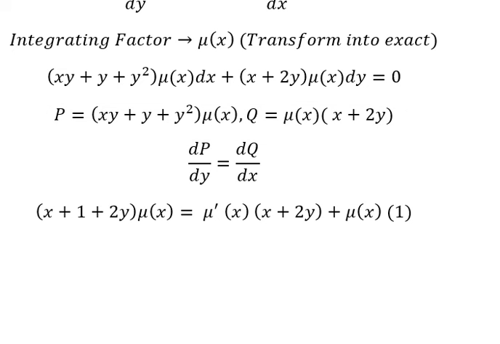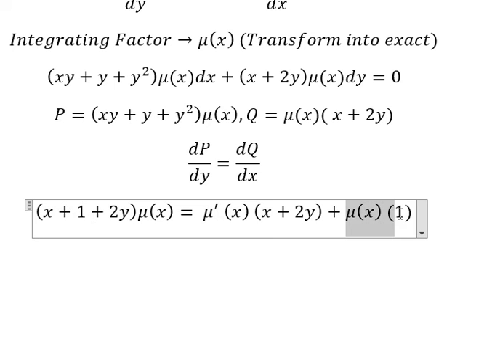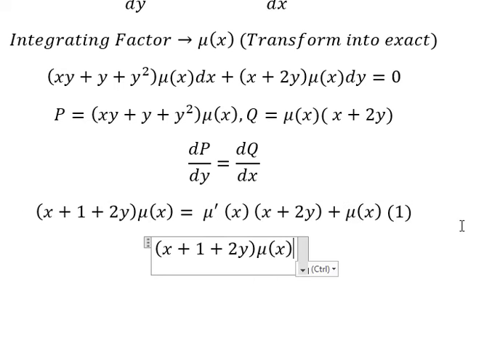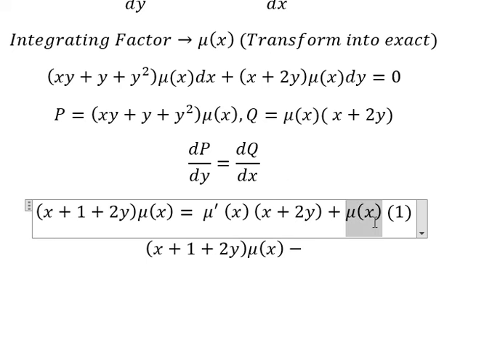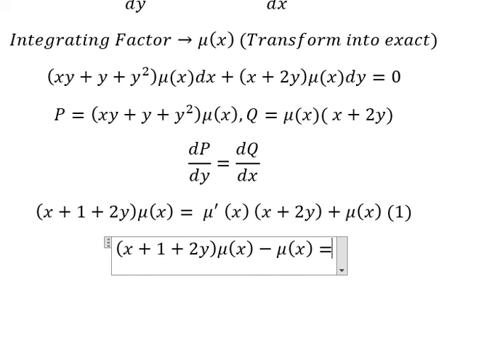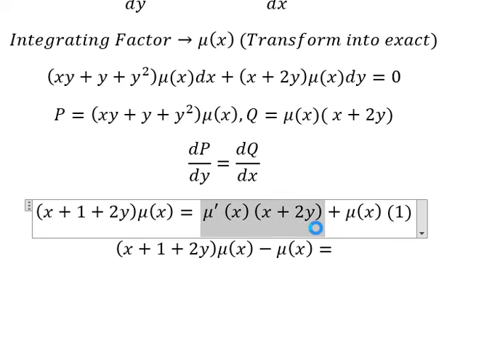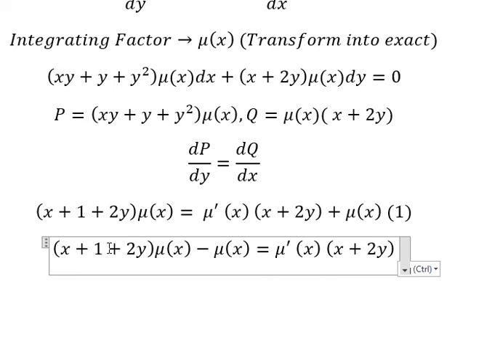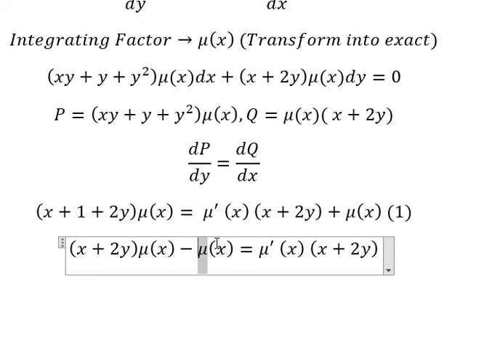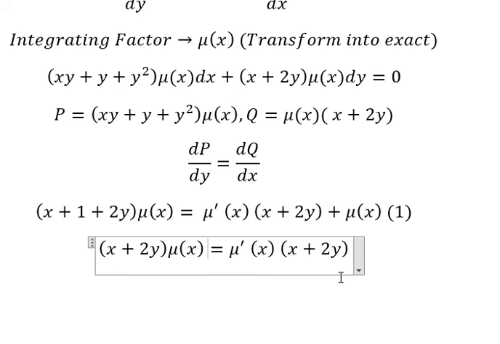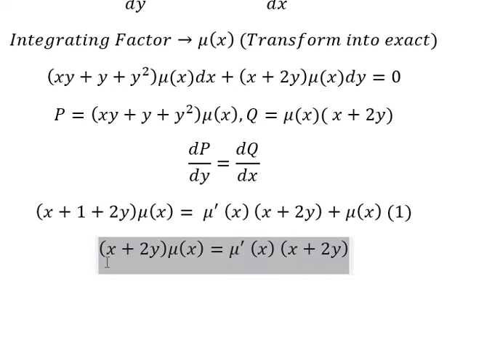And now we need to simplify. So mu x number 1 we put on the left. So 1 minus 1 we cancel. Next, we simplify x plus 2y for both sides.